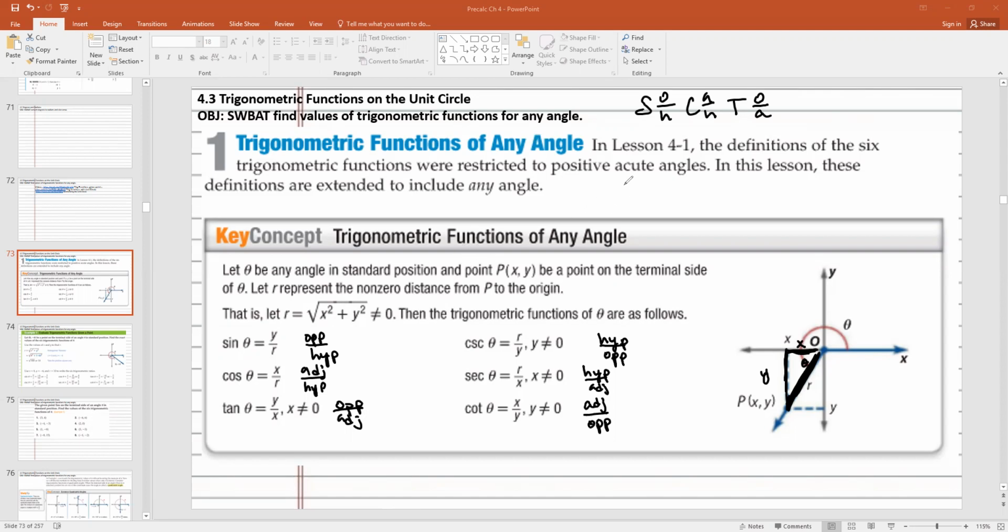One way I remember is that we're going to learn that sine of theta is going to be y and cosine of theta is going to be x when we look at the unit circle. So just remember it's alphabetical. C comes before S, just like X comes before Y. That's how you know what's on top. That's how I memorize.